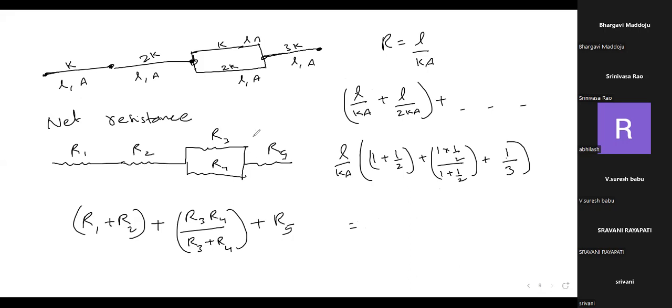Now, this is about the series and parallel combination. Next, are Kirchhoff's rules also applicable in thermal conductivity? In thermal conduction, Kirchhoff's rules are also applicable.